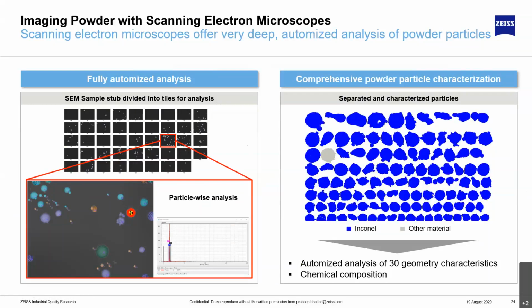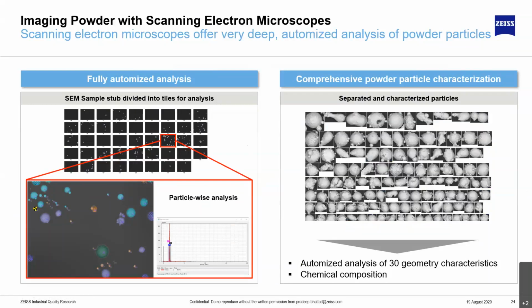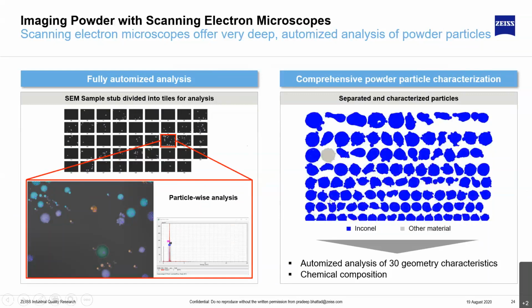You can look at the powders, and before, they all look more or less the same. But once you start understanding chemistry, you start finding there is one particle which is not Inconel. And based on the histogram, you can go back and find out this is actually aluminum, silicon and magnesium. That's basically coming into a powder batch because of contamination or powder handling or mishandling.